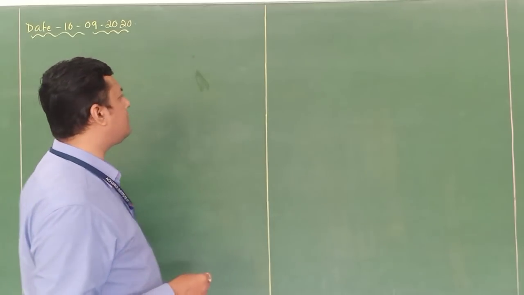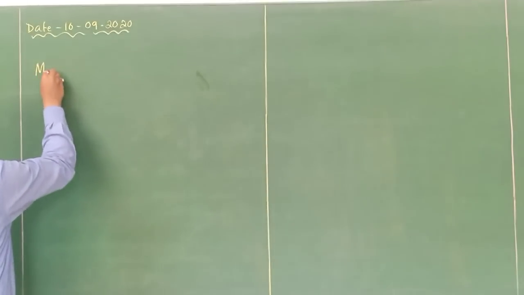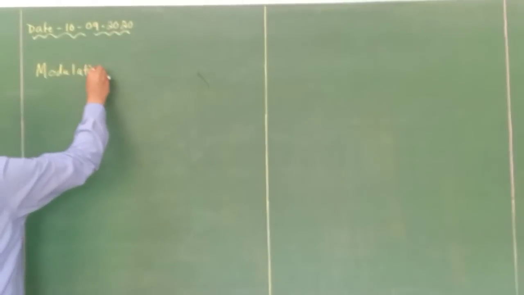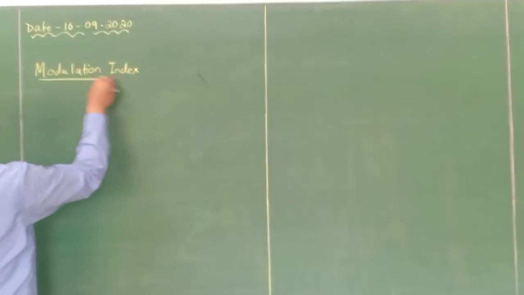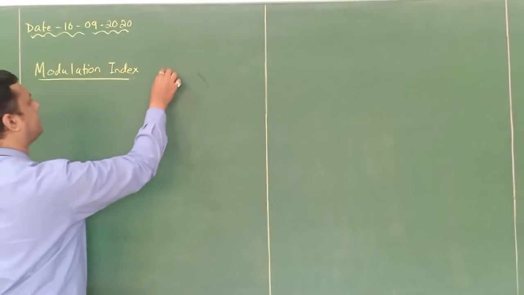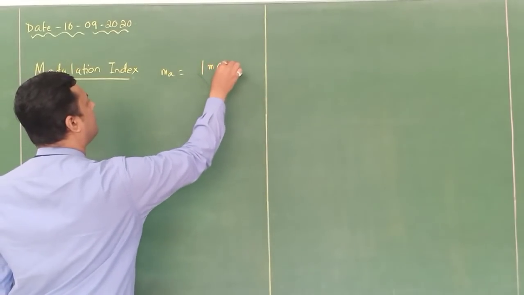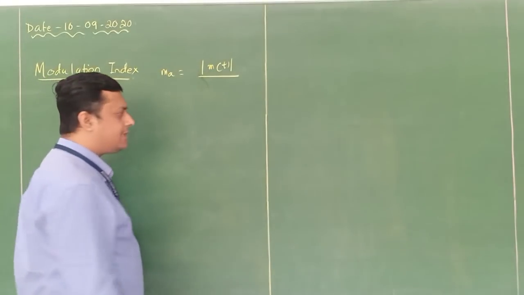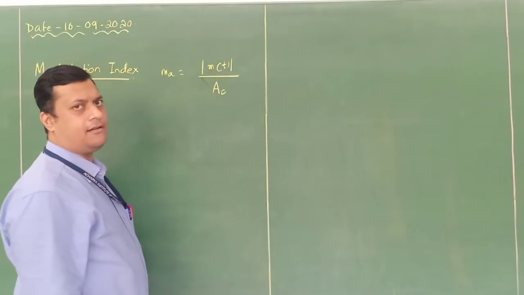Okay. So first, I will give a brief of what the modulation index is. The modulation index is the ratio of the maximum amplitude available in the modulating signal to the maximum amplitude of the carrier component.